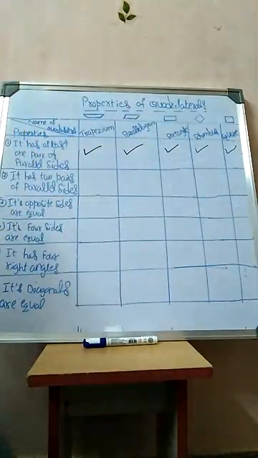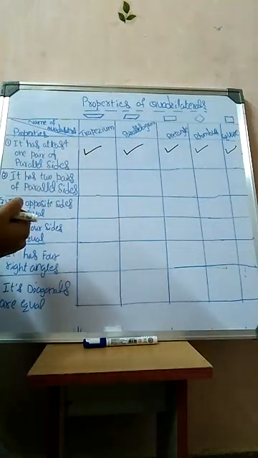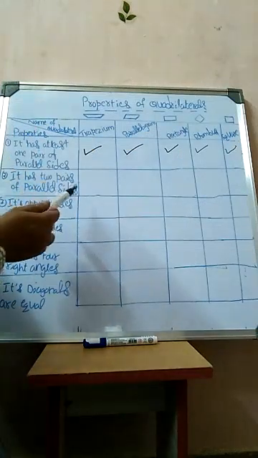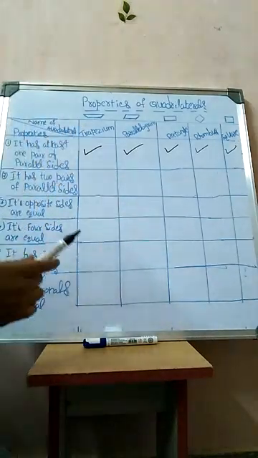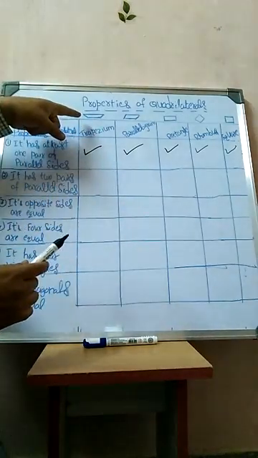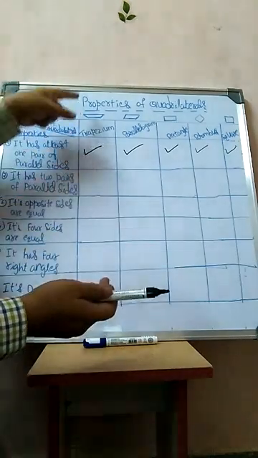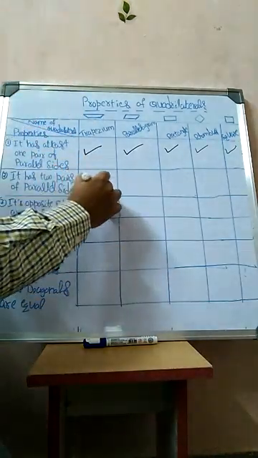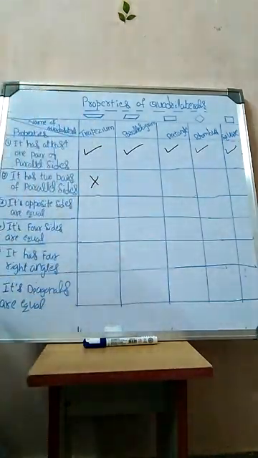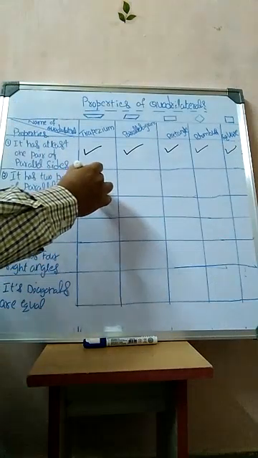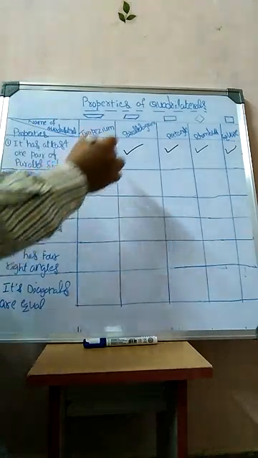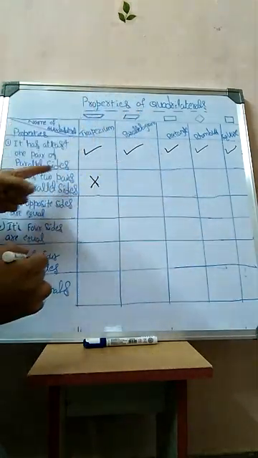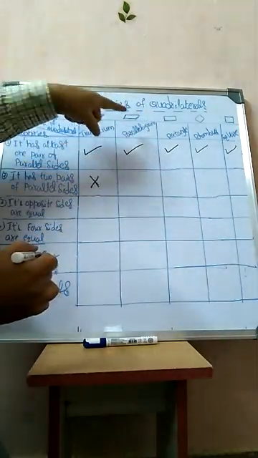Okay. Next, second one. It has two pairs of parallel sides. So coming to trapezium, does it have two pairs of parallel sides? No, only one pair. That's why it will not satisfy. So cross it, not satisfied. Next, parallelogram. It has two pairs of parallel sides? Yes, it has.